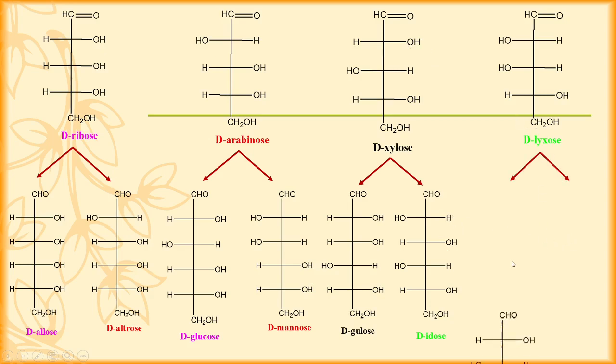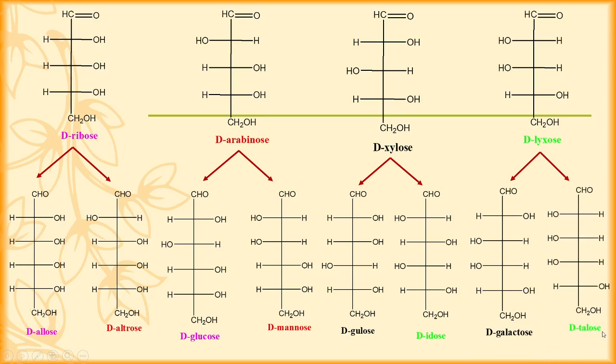So from the lyxose, we got the D-galactose and D-talose. So here we get the hexose molecules; these are 8 aldohexose molecules coming from these 4 aldopentose molecules.